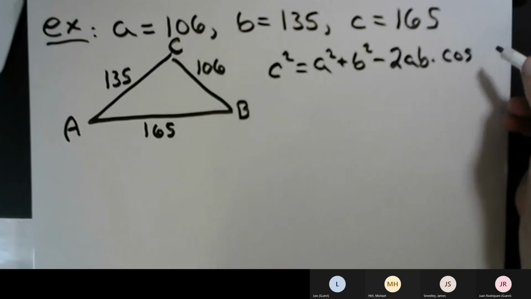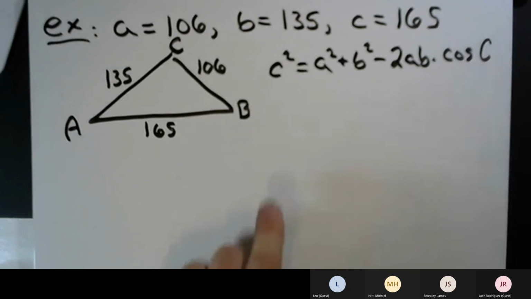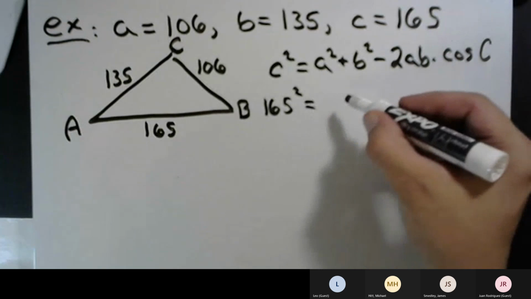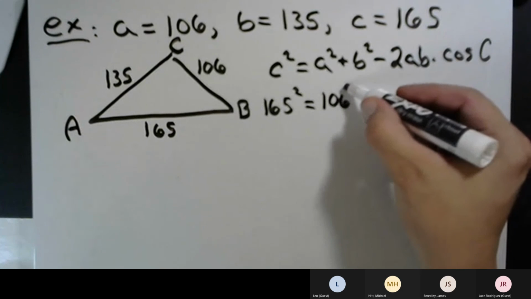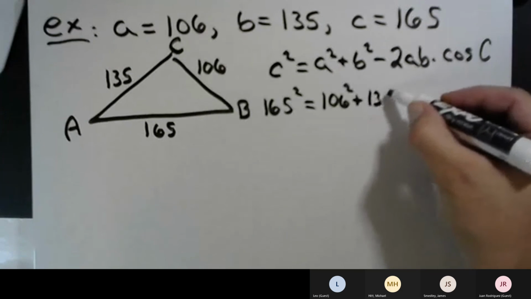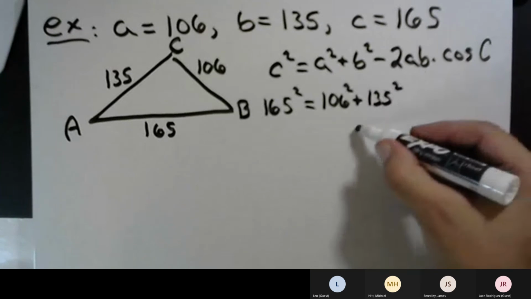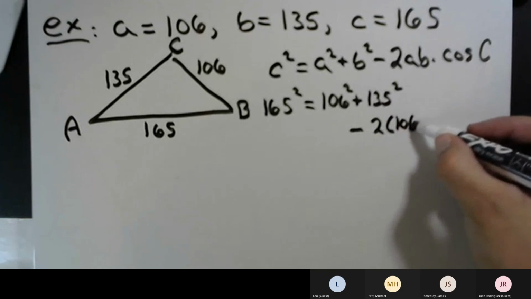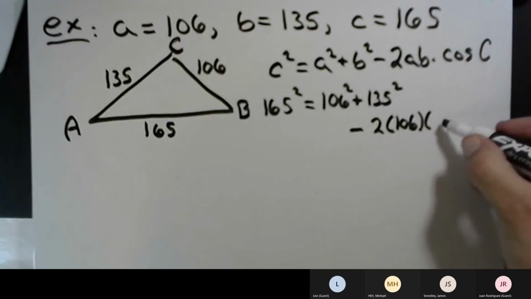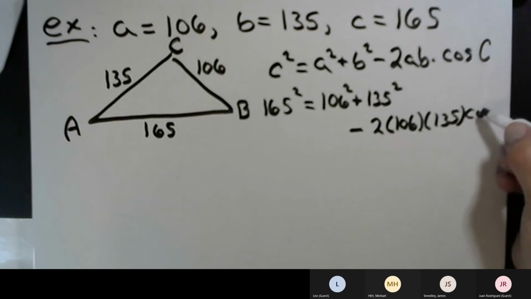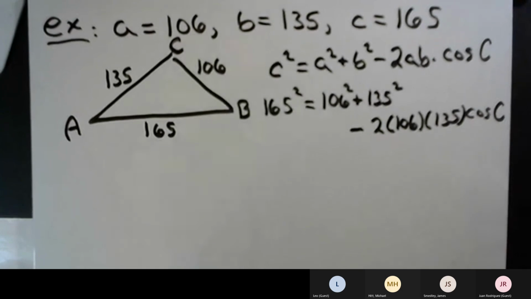The cosine, side C, angle C. So this will be 165 squared equals 106 squared plus 135 squared minus 2 times 106, 135, cosine of angle C.